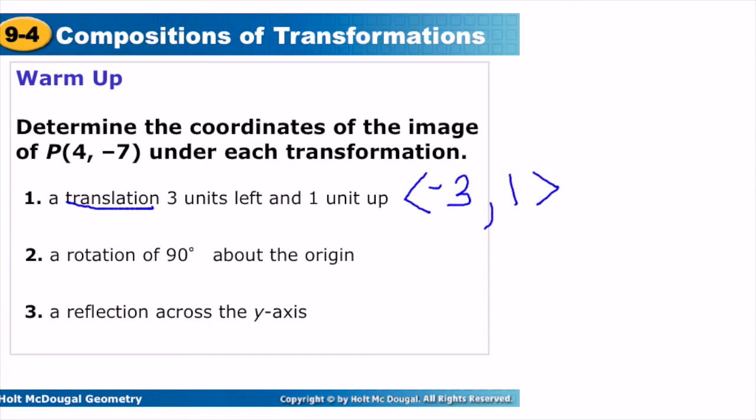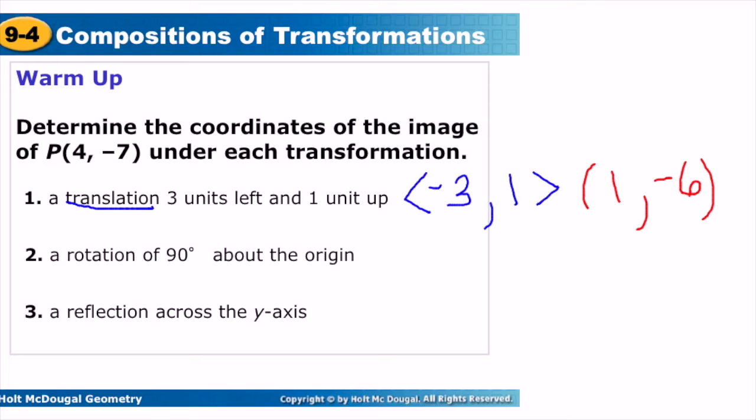So that means that your brand new coordinate here, if I take (4, -7) and I translate it thus, then 4 minus 3 is 1, and -7 added to 1 is going to give you -6. So that is your new translated coordinate.